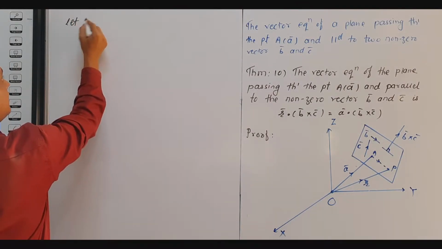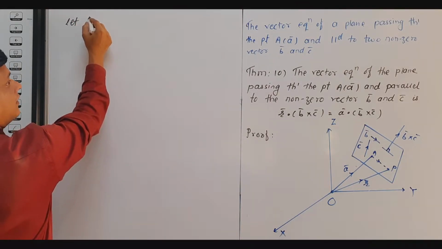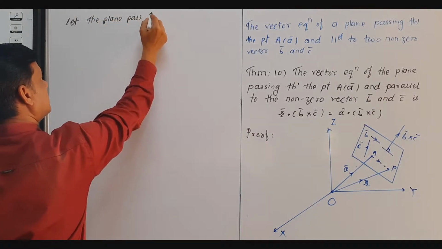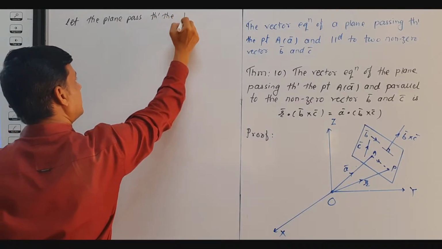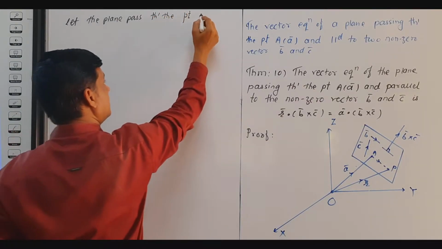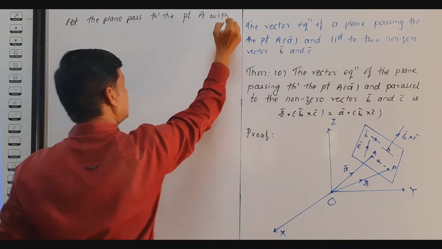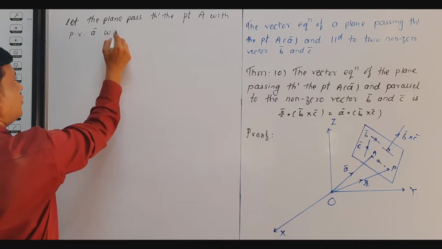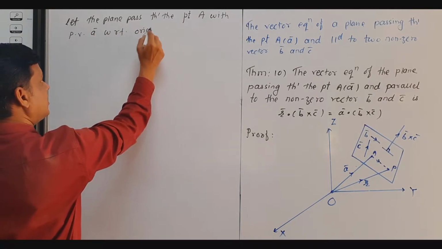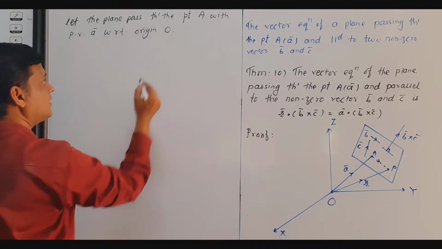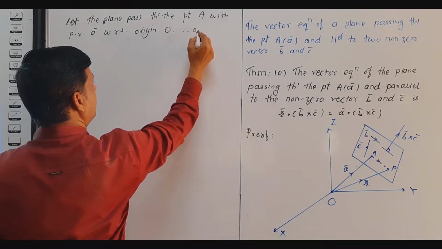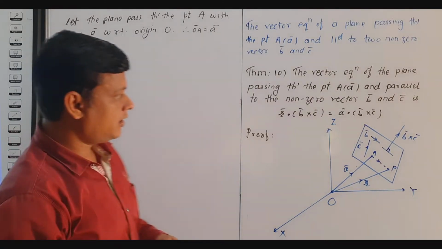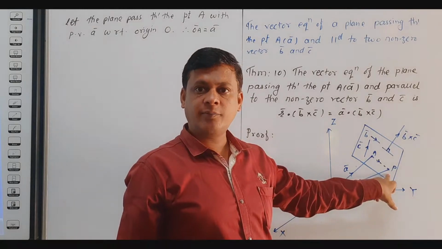let the plane pass through the point A with position vector A bar with respect to origin O. Therefore, vector OA is equal to A bar. We consider another point, that is any point on that plane.